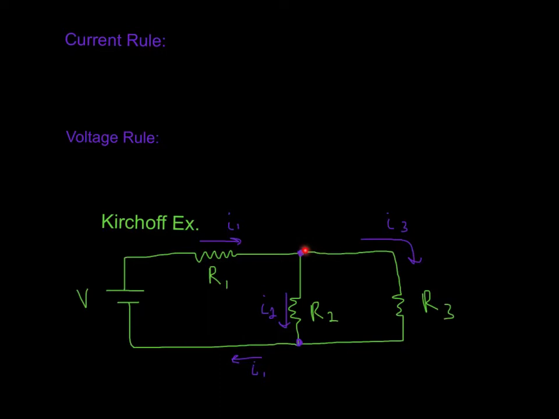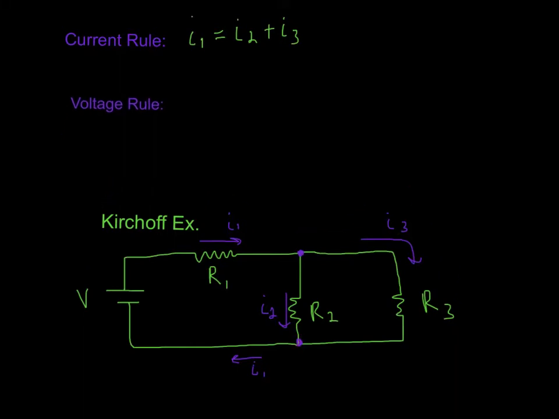So let's write that up here. Okay, we have I1 equal to I2 plus I3. There's one of our equations. We could do the same thing down here, and as you can see, we get a very similar equation. So that's it for independent equations from the junction rule.